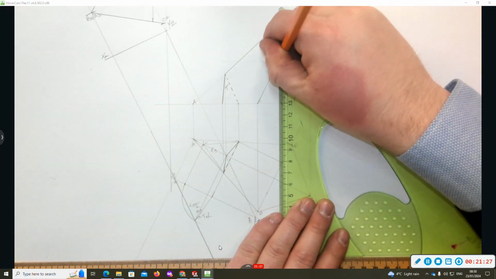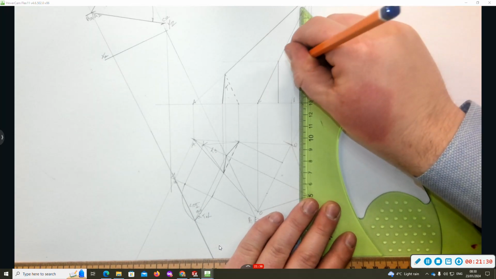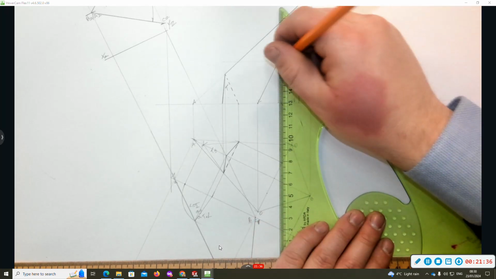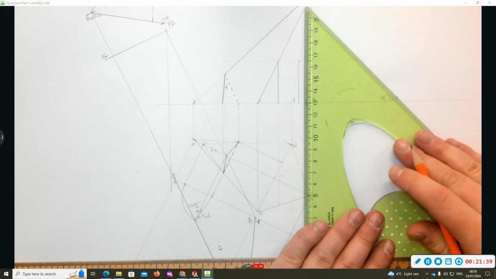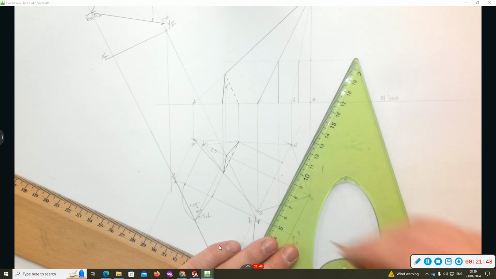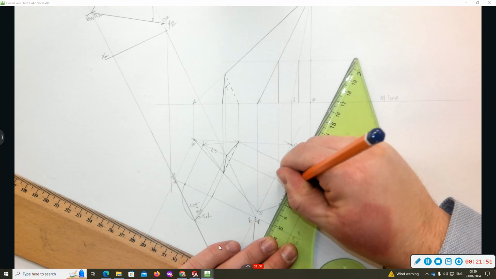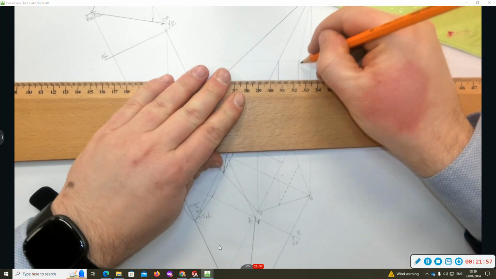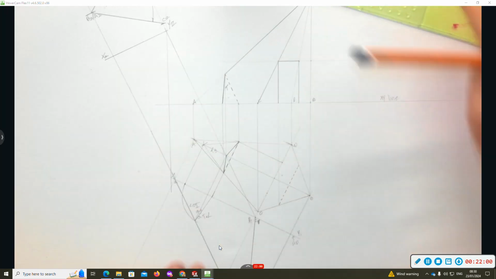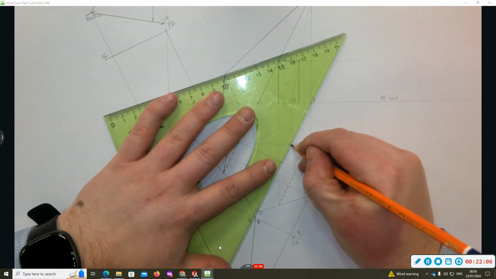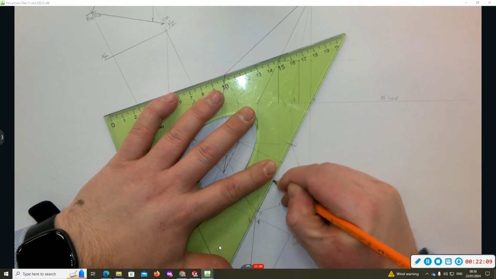Now, here's the elevation of R. And here's the plan view of R. Then I can finally do all my heavy and hidden lines in plan and elevation after I've established them all.